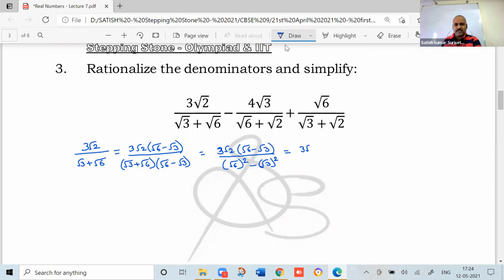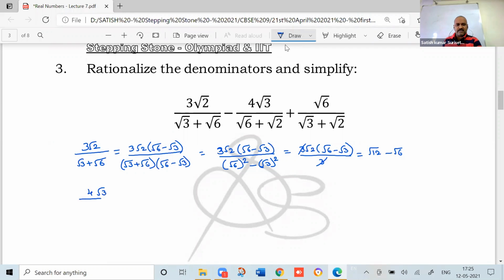So 3 root 2 into (root 6 minus root 3) upon 6 minus 3. So 3 gets cancelled. Now multiply root 2 inside: root 2 into root 6 is root 12, minus root 2 into root 3, so minus root 6. That's the first term. Second term.